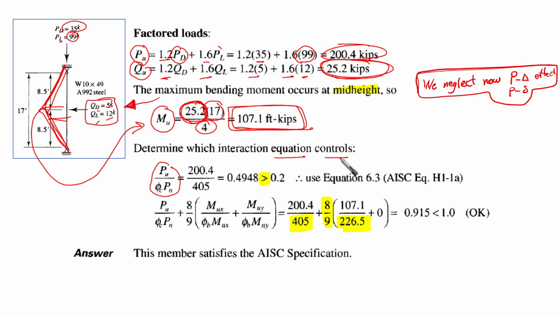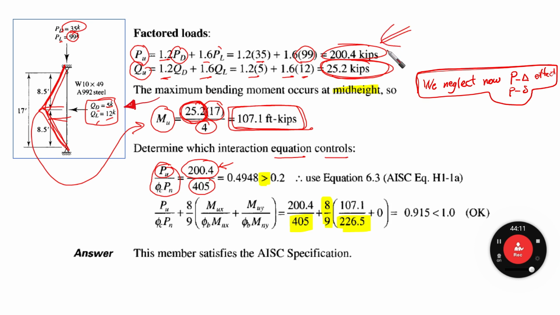Now, let's determine which interaction equation is going to control. First of all, we're going to find that P ultimate over phi c Pn is going to be 200.4 over 405. This is P ultimate, which we have already obtained from here. This is the ultimate axial force.